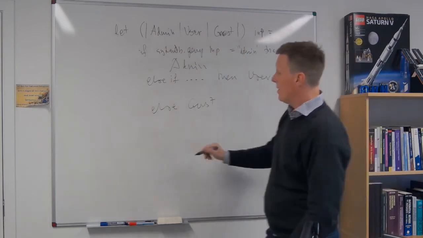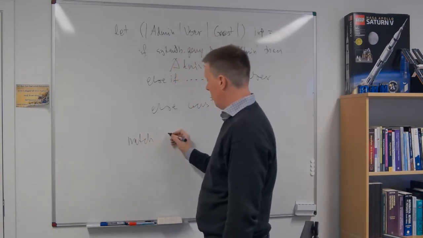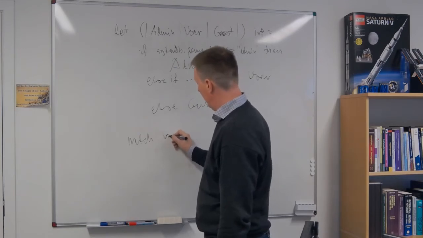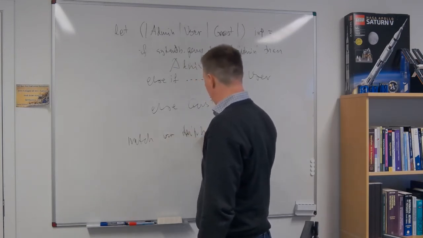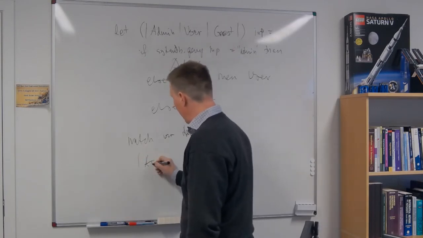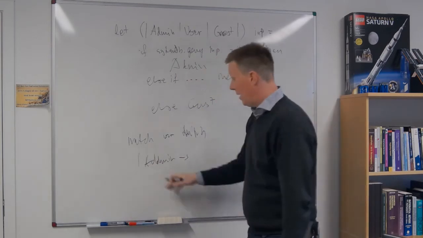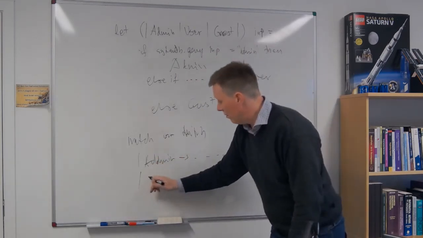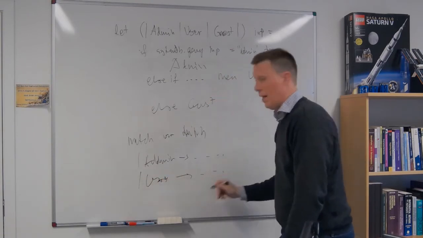And now I can say something like this: match some string that I have, let's call it usr, with Admin, then do something, or User, then do something else, and so on.